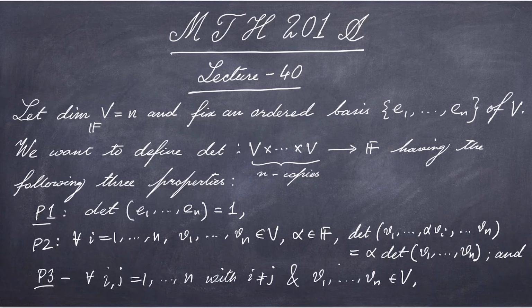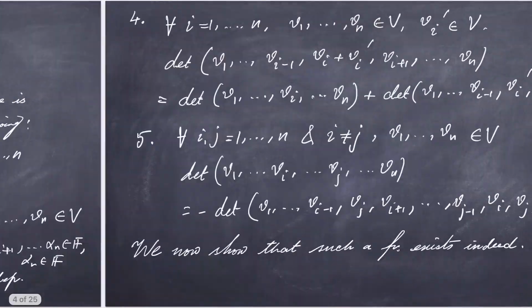That is, we have to specify a parallelepiped whose volume we would like to consider 1. That geometric requirement is reflected in the first property.